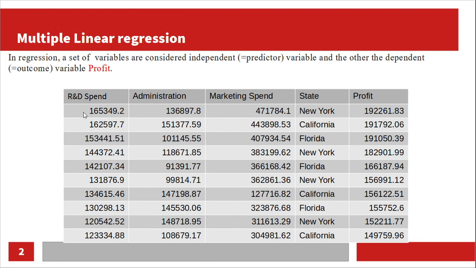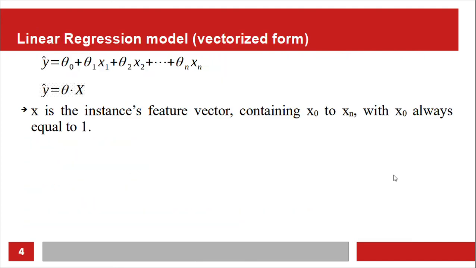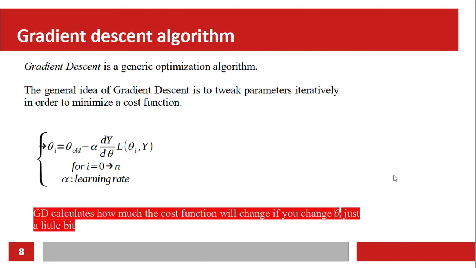You will compute the profit for this sample and do it also for this sample. You will try to find the profit for this also with these attributes. After getting the predicted profit values, you can compute the cost as we saw with that formula.